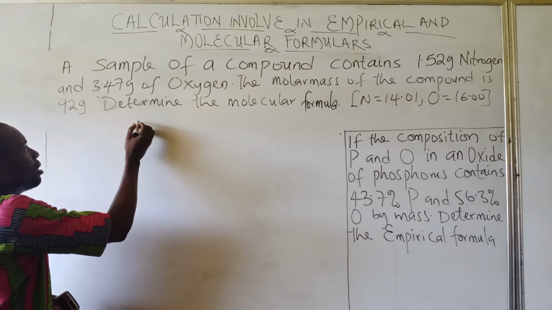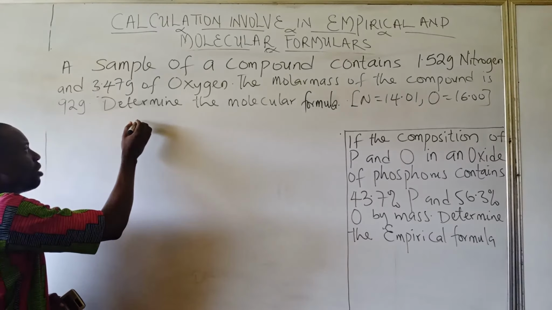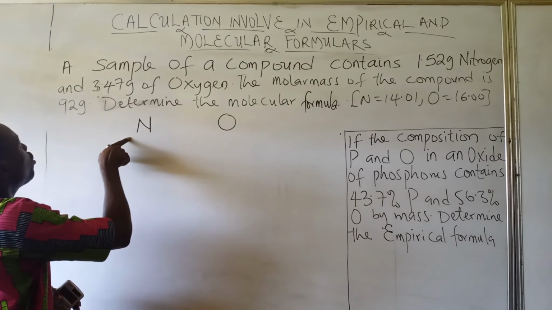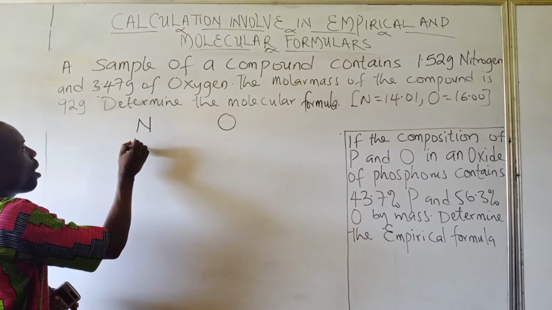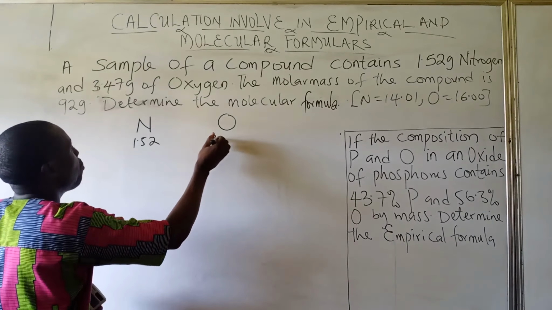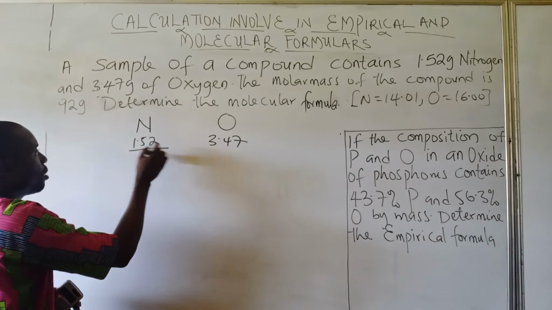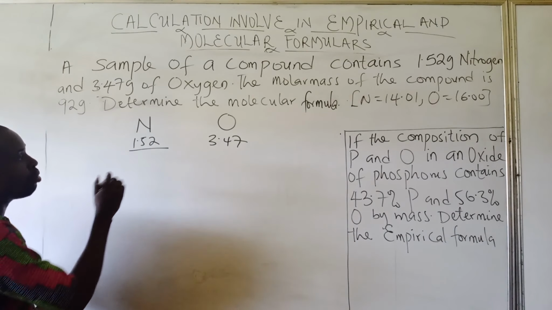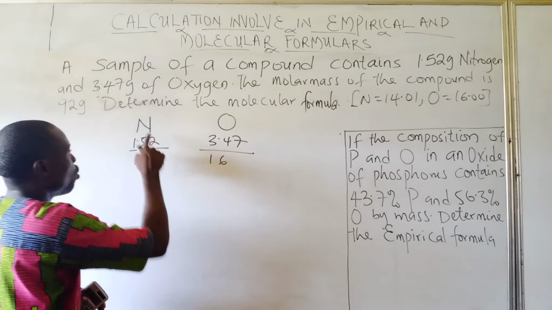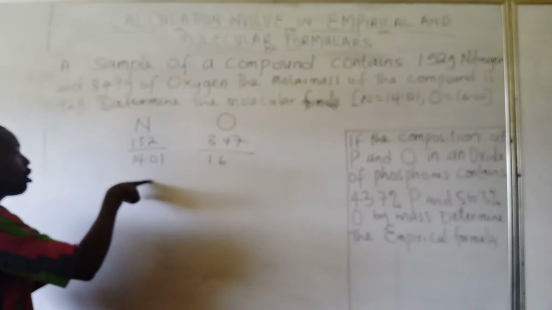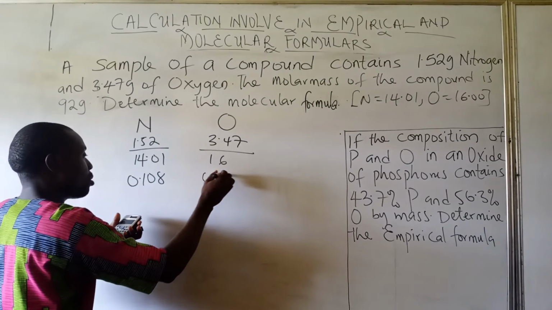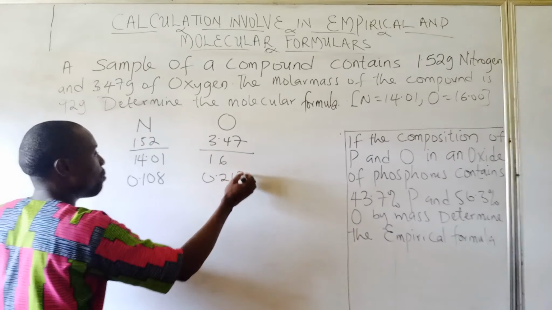So, very simple. We bring out what we're given. We're given nitrogen and we're given oxygen. The nitrogen mass was 1.52, and that of oxygen was 3.47. The relative atomic mass of nitrogen is 14.01, oxygen is 16. You divide, here should give me 0.108, here should give me 0.217.